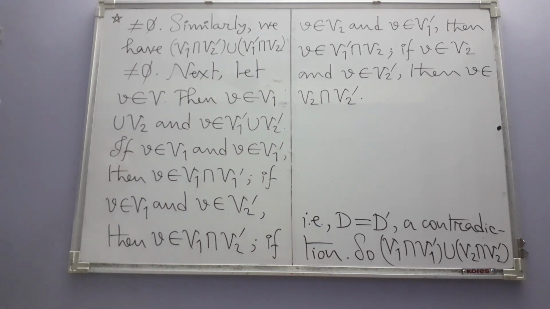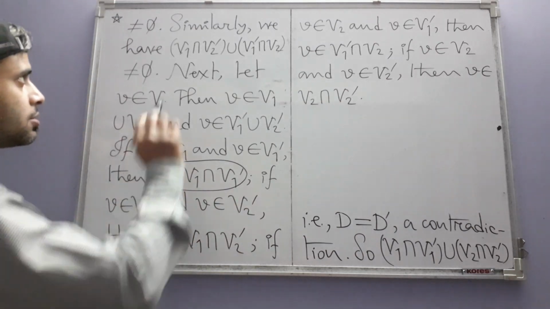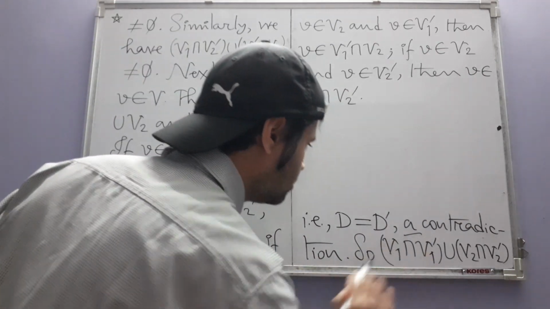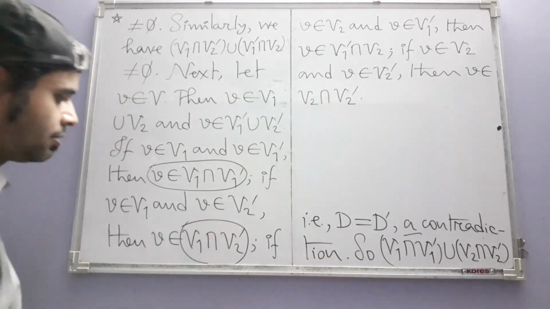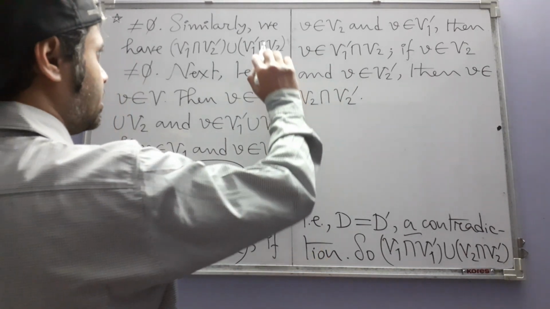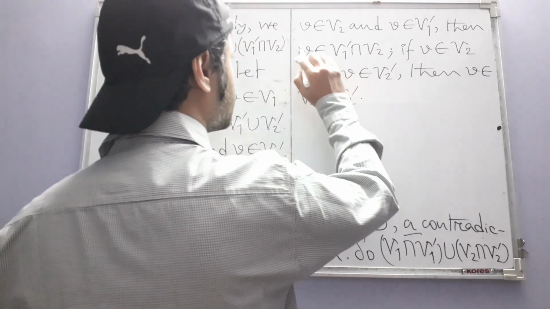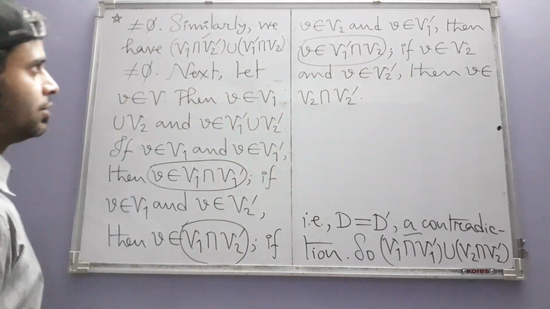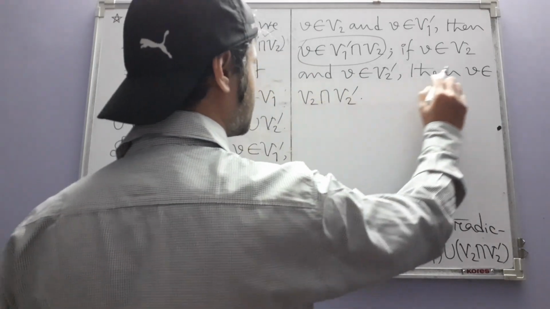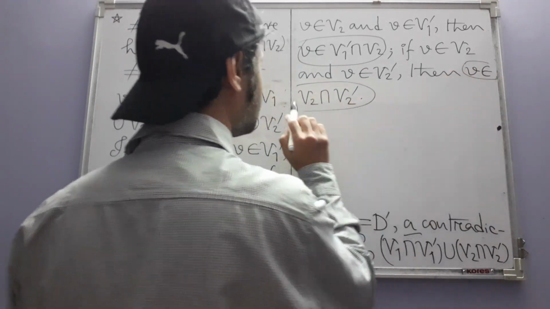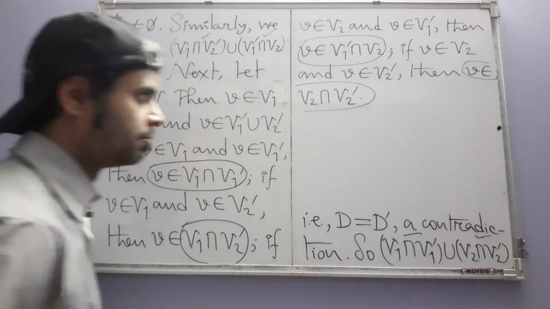So that means either v belongs to this one, or v belongs to V1 and V2 prime, that is this one, or v belongs to V1 prime and V2, that is here, or v belongs to V1 prime intersection V2 prime, that is here.